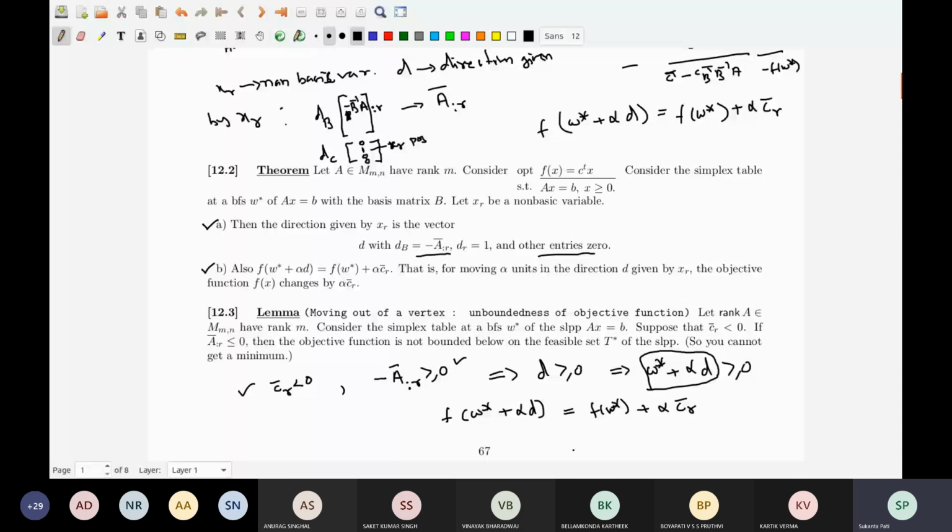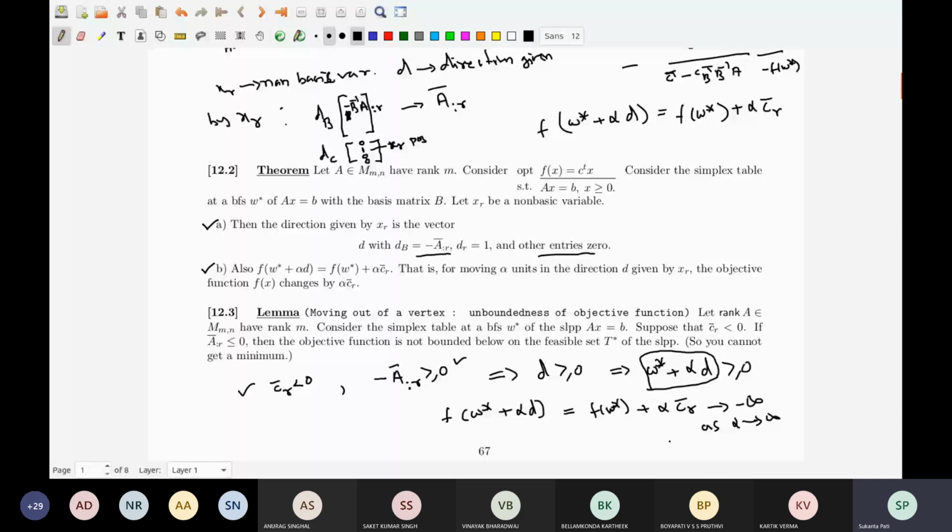So if you travel far away on that ray, the functional value will decrease and become a very high negative value, which implies that the function cannot have a minimum on the feasible set. This is another condition.